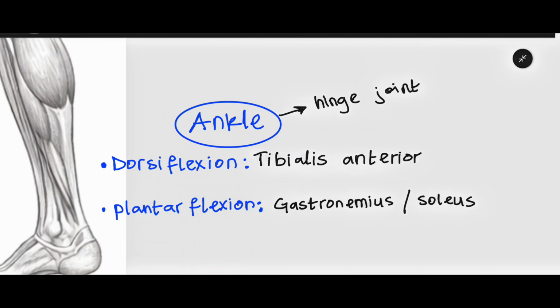Plantar flexion is the toes pushing down away from the lower leg, and the agonist we've spoken about is the gastrocnemius and the soleus, and the antagonist for ankle plantar flexion is the tibialis anterior. Examples of plantar flexion are taking off in a jump or doing a calf raise.